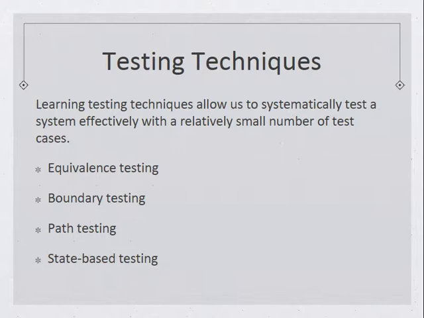But before we wrap up, this is our last slide for today. The reason that we learn these testing techniques is that we want to approach testing systematically, because we said it is almost impossible to try all the possible input data. So we want to select the input data wisely.